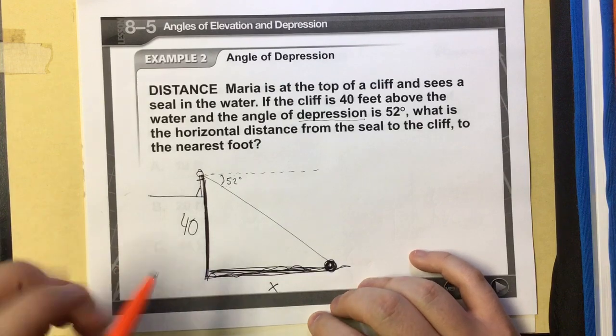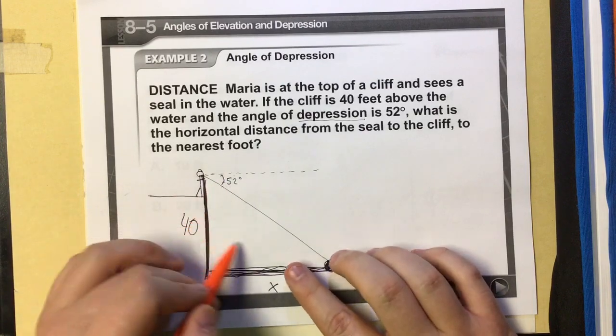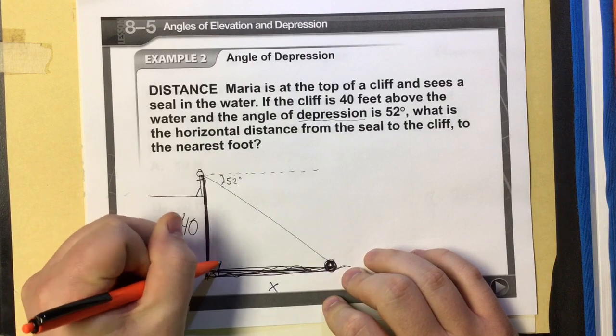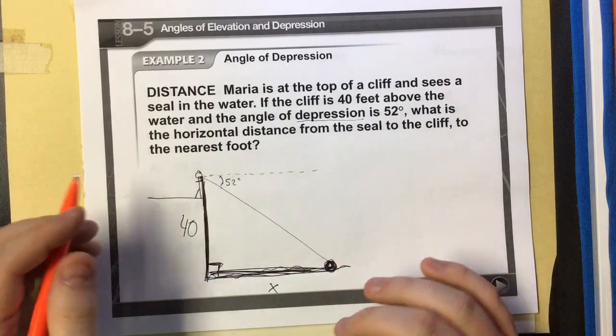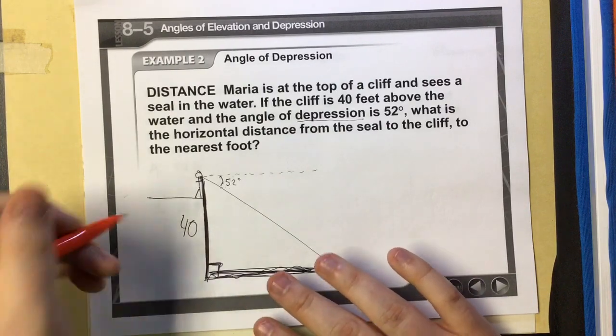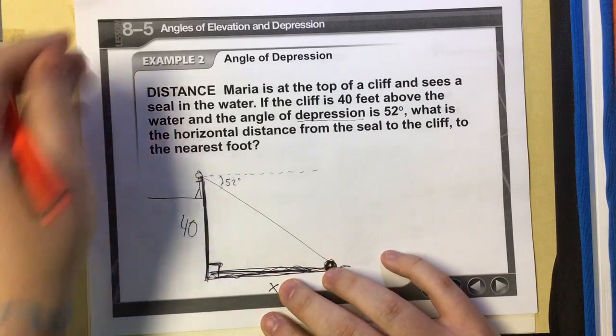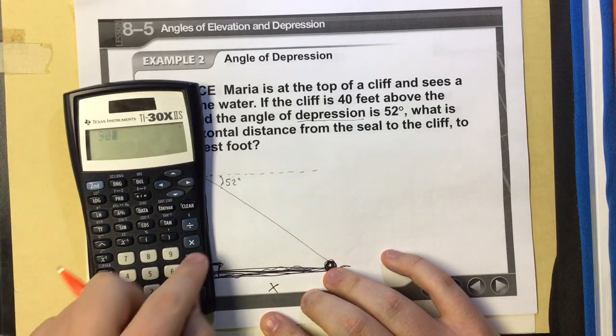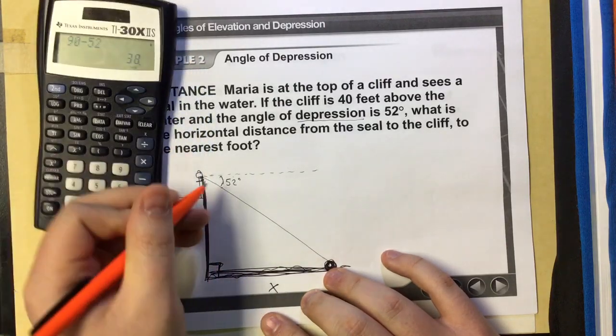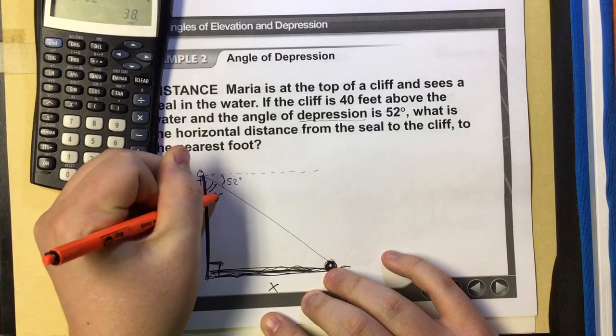All right, so 52 degrees is not an angle inside this triangle. We have 90 degrees, but we don't know either of these. We can use 52 to find one. This has to be a right angle, so you can just do 90 minus 52 and find out that this one here is 38.